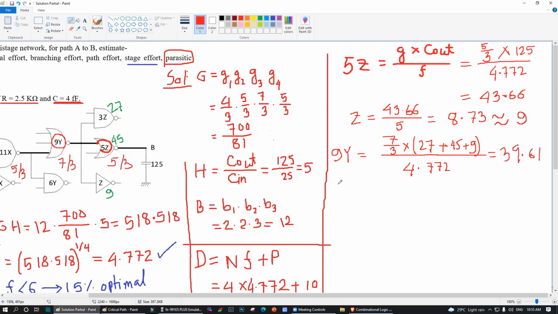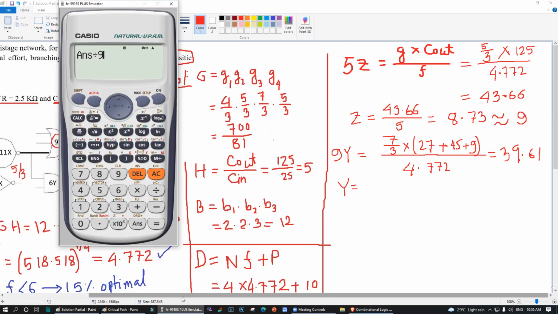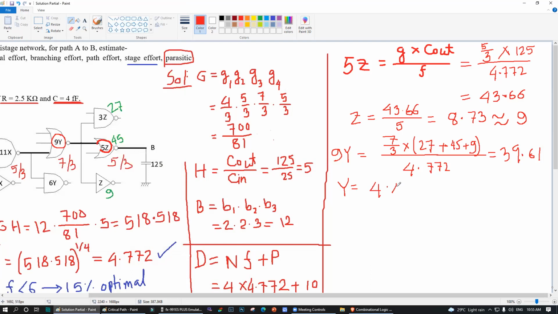So your Y will be how much? Divided by 9. Your Y will be equal to 4.4. So call it 4. Yes, sir. So we are going to put 4 here.